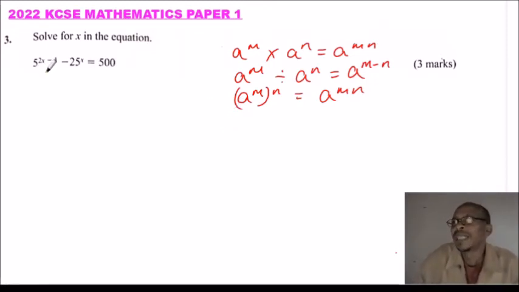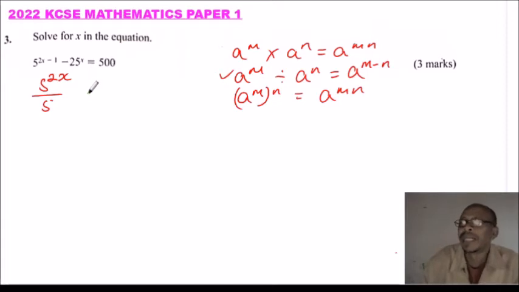So looking at this, we can write it as 5 to power 2x. We apply this rule: when we have minus, we divide, so 5 to power 2x divided by 5 to power 1, and 25x is 5 squared to power x, so we apply the third rule, is equal to 500.